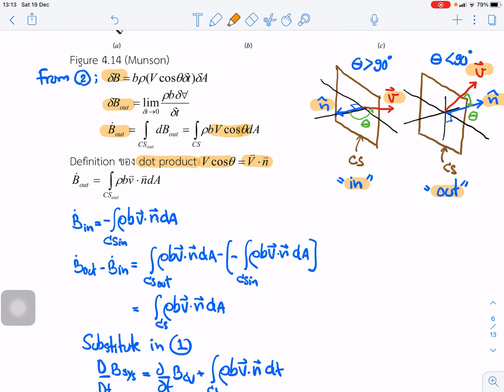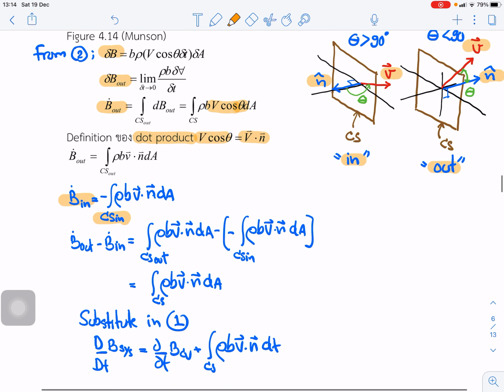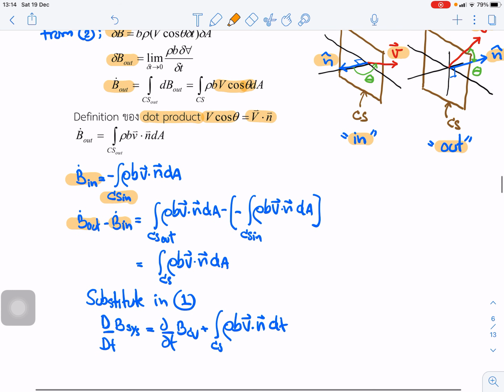For the inflow, we can do the same for the flow rate of B in. The integration along the control surface at the inflow equals the integral of rho B V dot n dA. Then we find the difference between the B flow rate out and in, and substitute into the first equation.